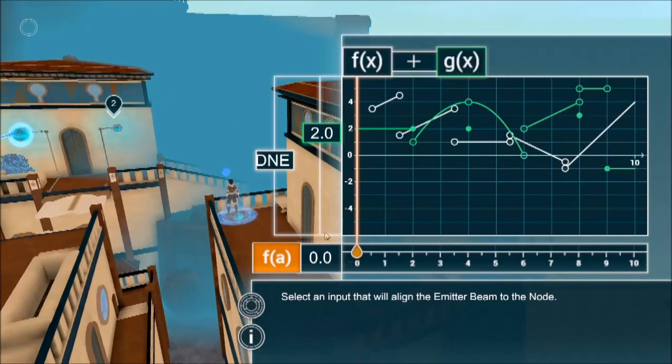So we need a value of 2 when they're added together. So where will that work? No, that's not going to give it. No. Okay, let's think about this. And they both have to exist from the looks of things.